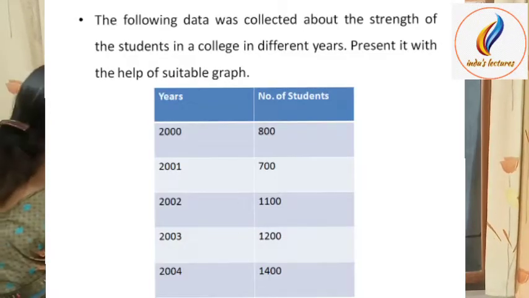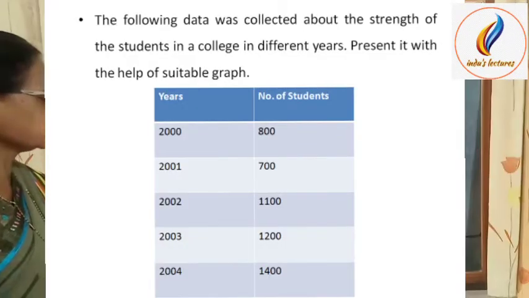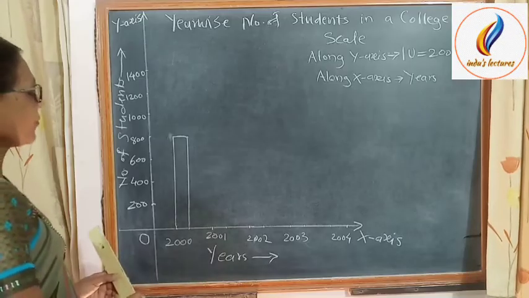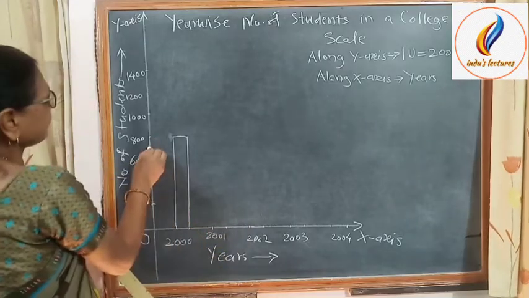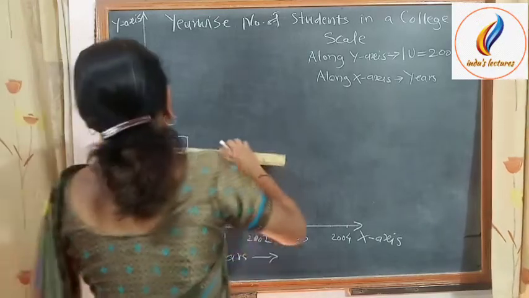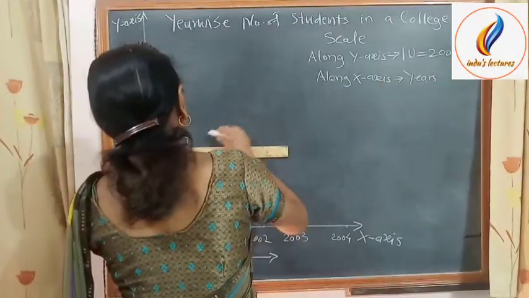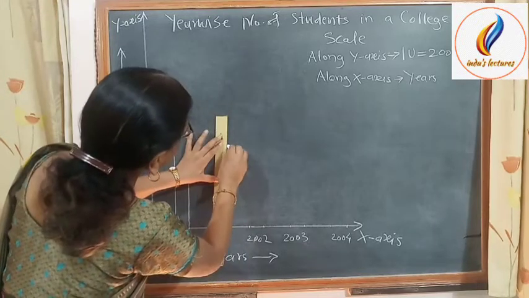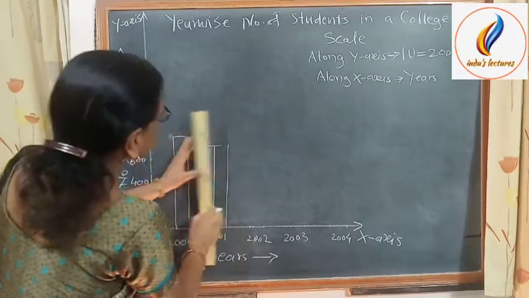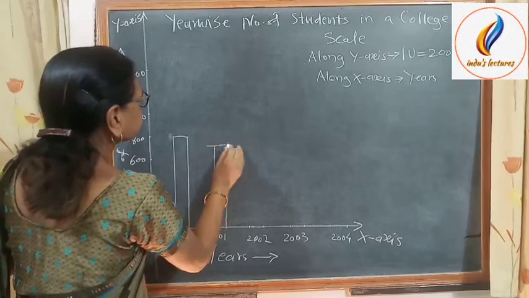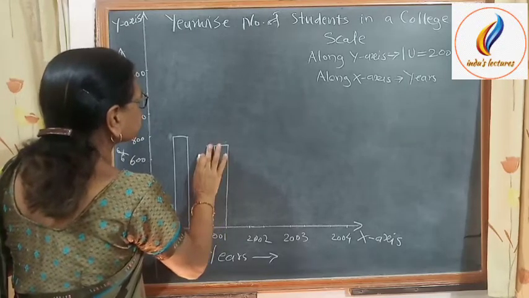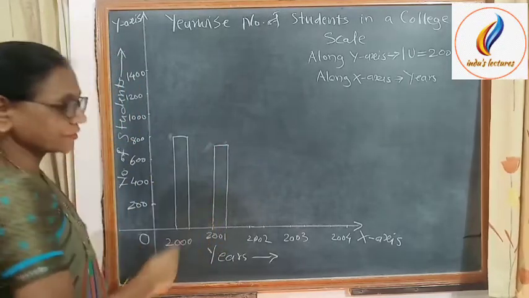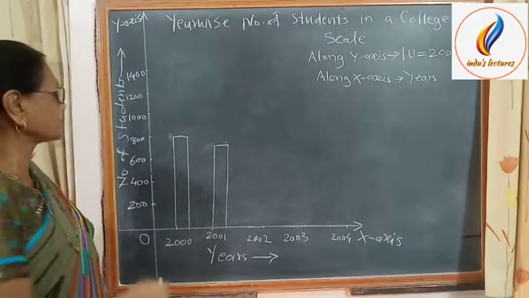This is the first rectangular bar. In 2001 it is 700, so mark the point 700 in between 600 and 800. Now this is a bar showing the number of students as 700.